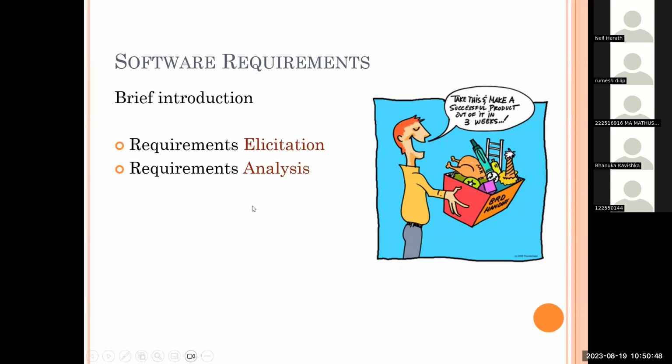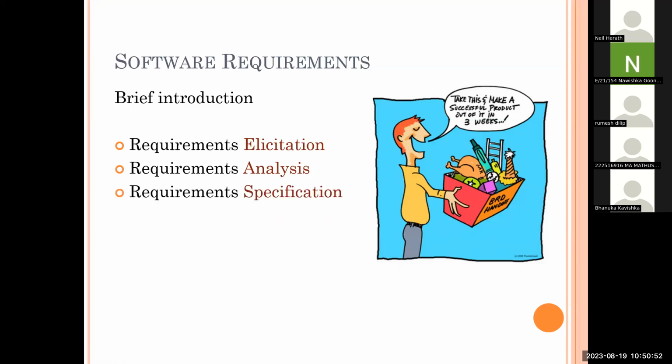After analyzing, the next step is to write them down in a given format. There is a special format we call requirement specification. There is a template also. So according to that template, we write all what we learned from the elicitation stage and the analysis.